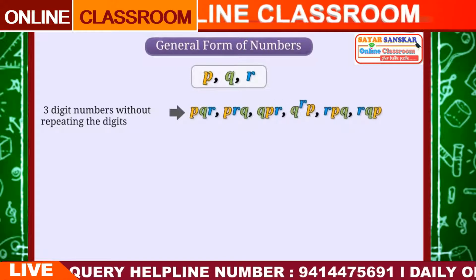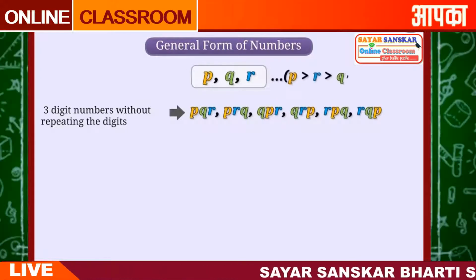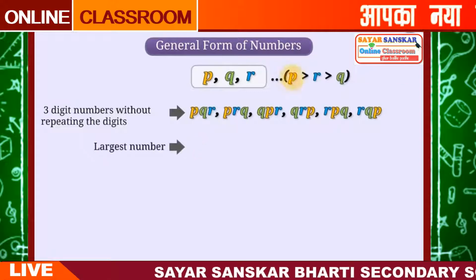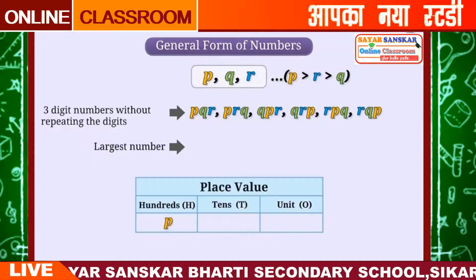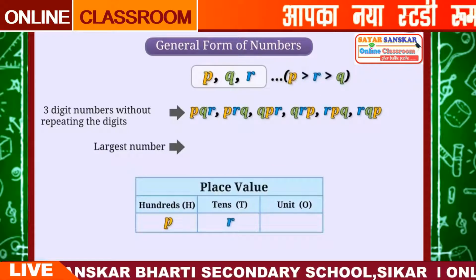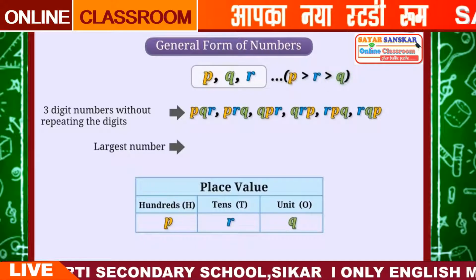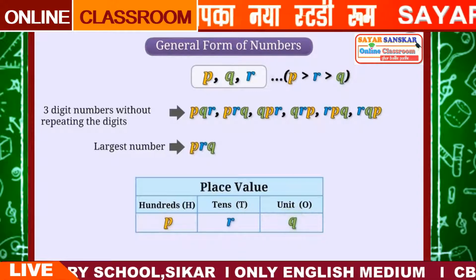Since p is the largest digit, it must be in the hundreds place. r is larger than the remaining q, and so it must be in the tens place, and the remaining digit q must be in the units place. In this way, PRQ will be the largest number made up of the digits. PRQ, can you guess how to write this number in its general form? It will be written as 100 into p plus 10 into r plus 1 into q.